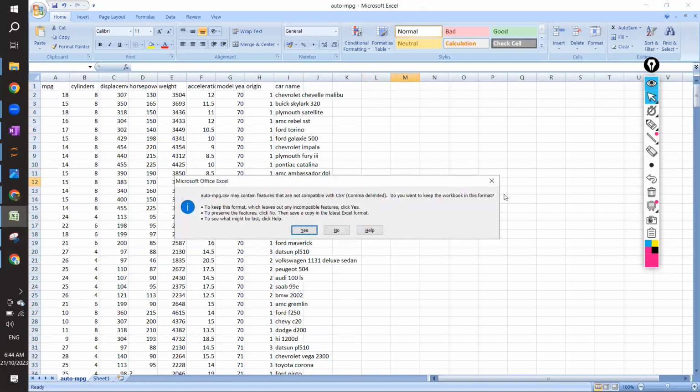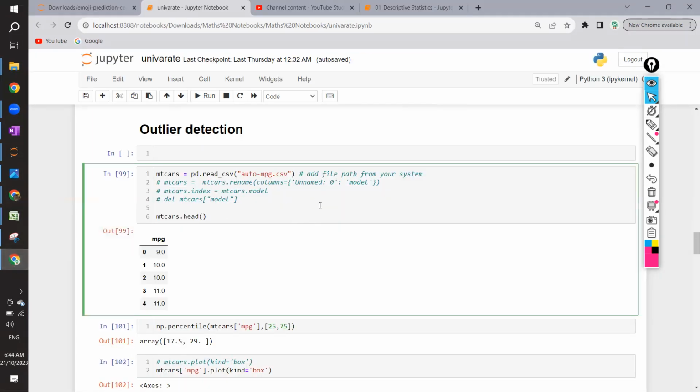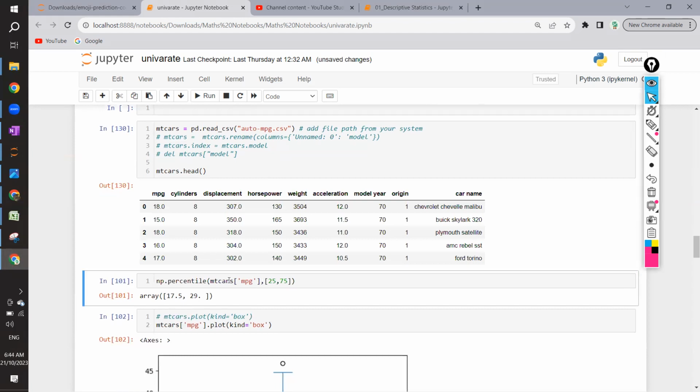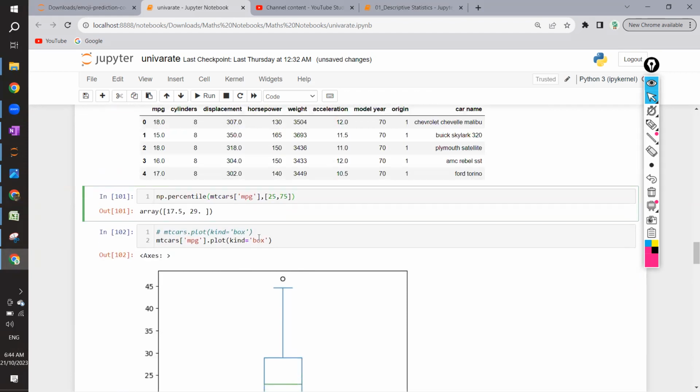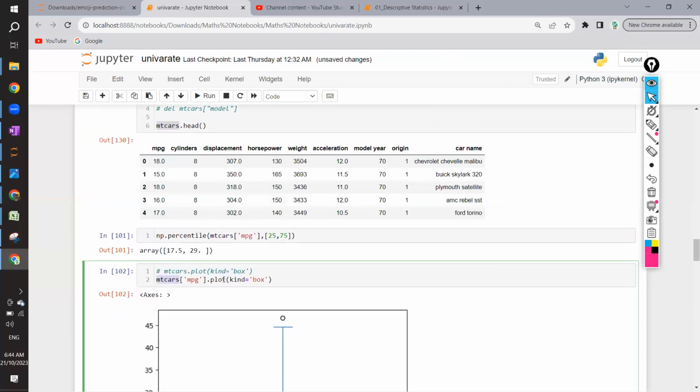This mtcars is my data set, and these are my columns. I can directly take one column. This is the way you can access a column: mtcars, then the column name in square brackets.